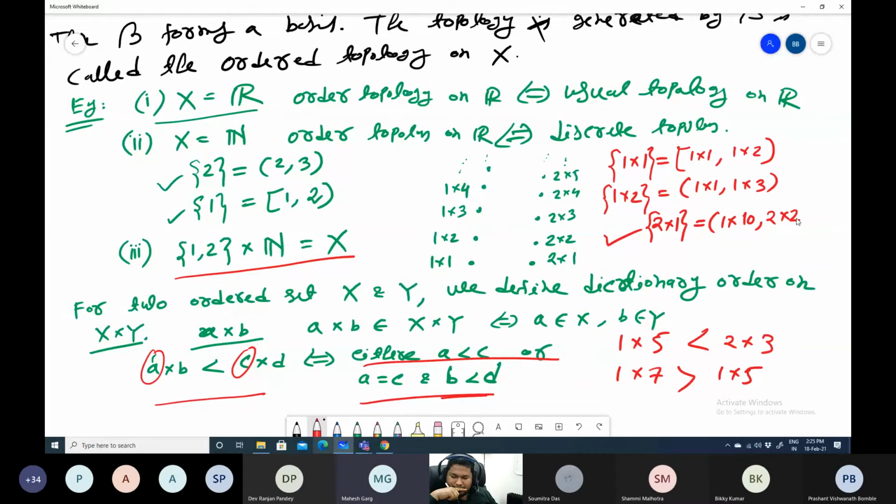In this case, I would have to take an infinite intersection, which is not allowed. So this is not open. Here all the singleton sets are open except this one, and therefore this is not the discrete topology.